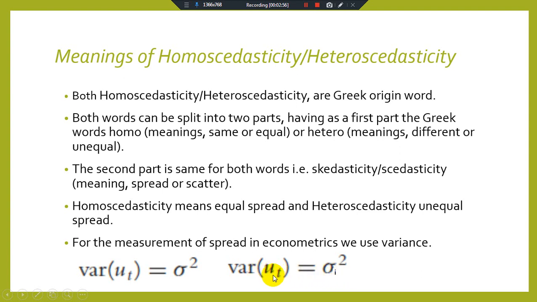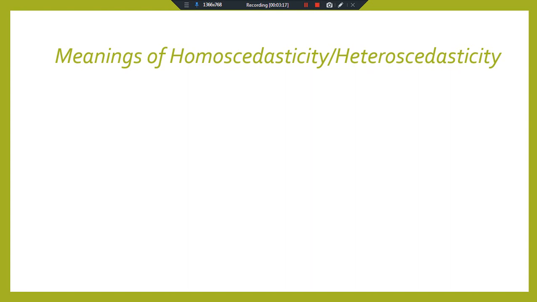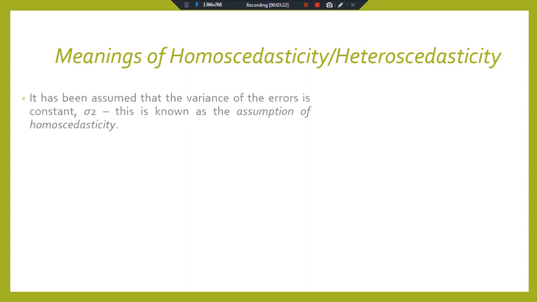This means the variance of the error term is not constant, so we call it heteroscedasticity. Homoscedasticity is constant variance, and heteroscedasticity is non-constant variance.